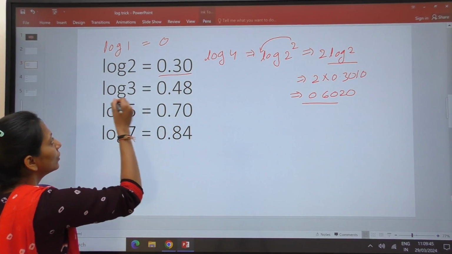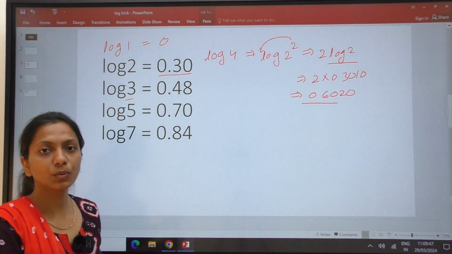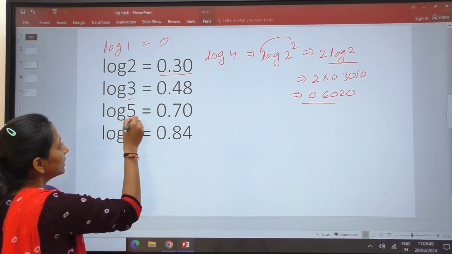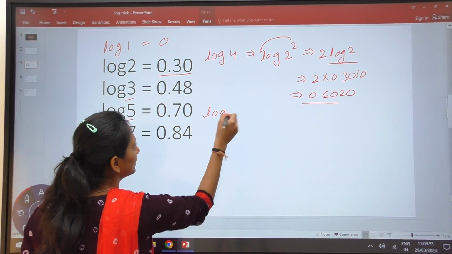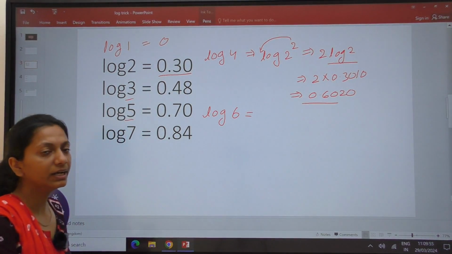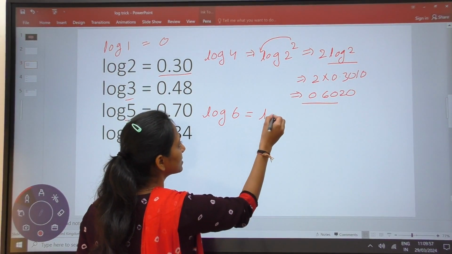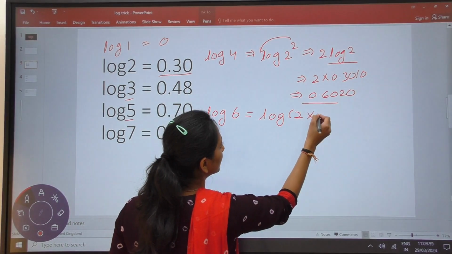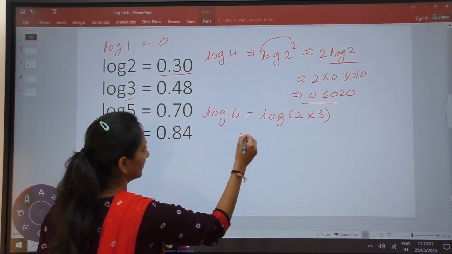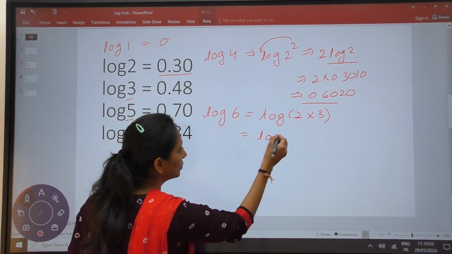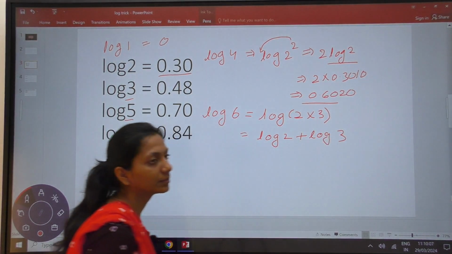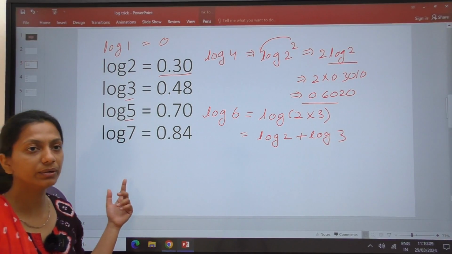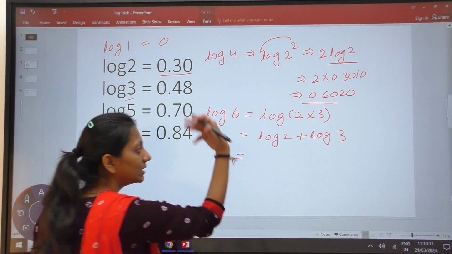Now the value of log 3 is already given, 0.48. Log 5 is 0.70. We can calculate log 6. How can we calculate log 6? It can be written as log 2 into 3. Now applying the formula, log 2 plus log 3, the formula which I already told you in the previous slide.